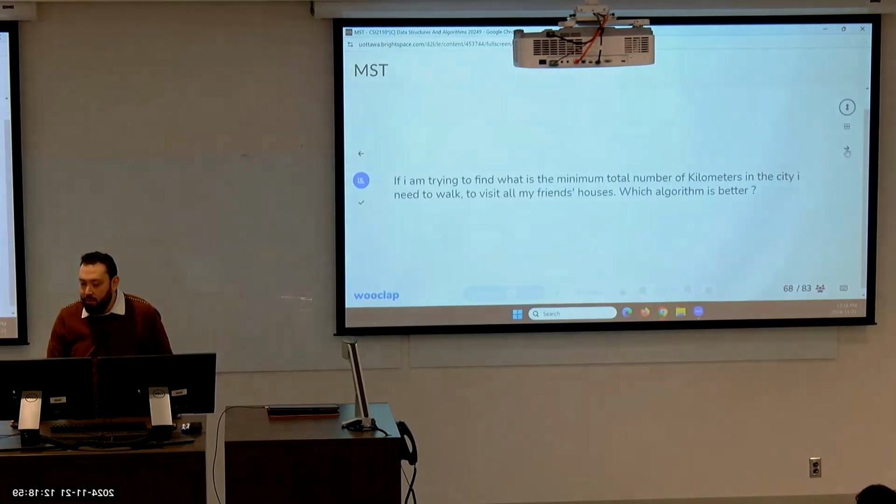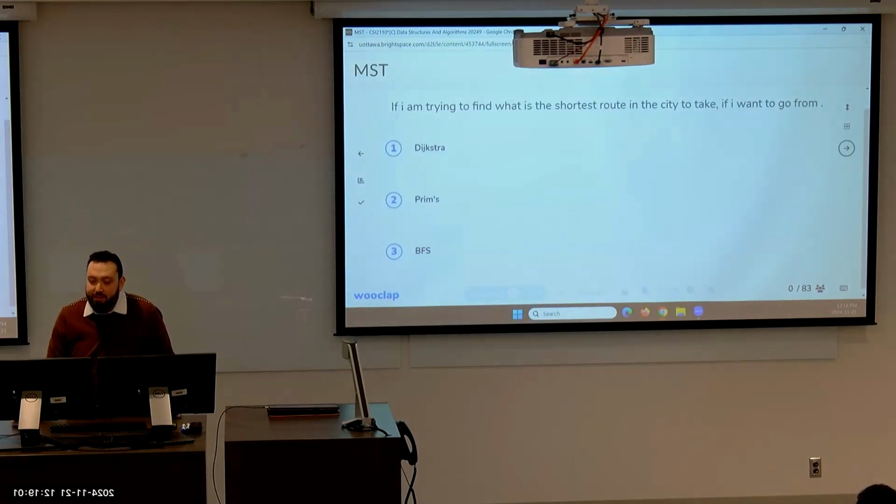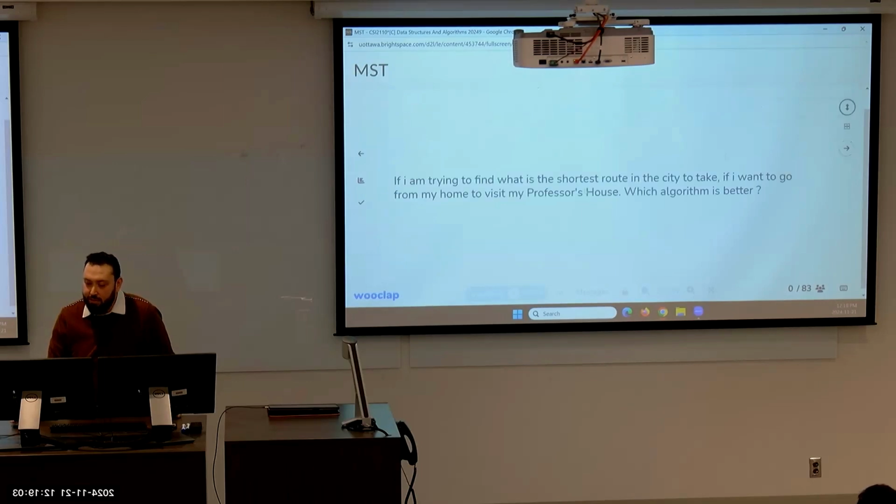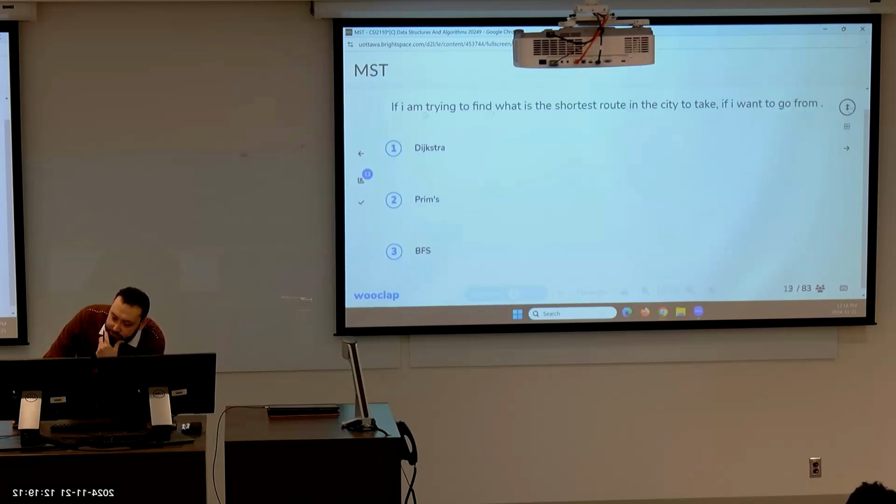very good. Now, if I'm trying to find what is the shortest route in the city to take, if I want to go from my home to visit my professor's house, which algorithm is better? Dijkstra, Prim, or BFS?